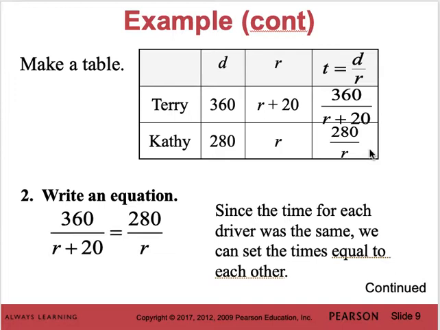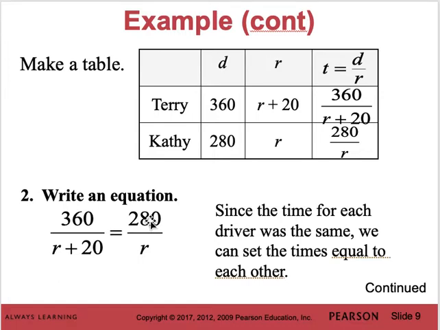Let's write a proportion to solve for our rate. The first person, Terry, drove a total of 360 kilometers, while Kathy drove 280 kilometers. In the numerator, we want to make sure that the label we're using is the same. Distance, distance.